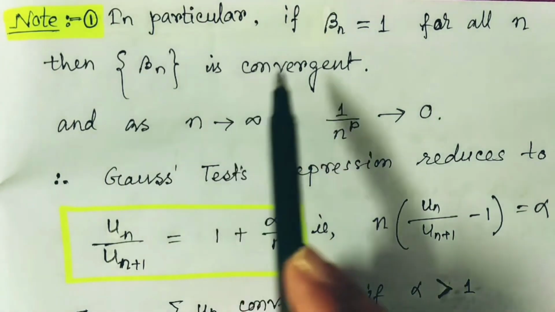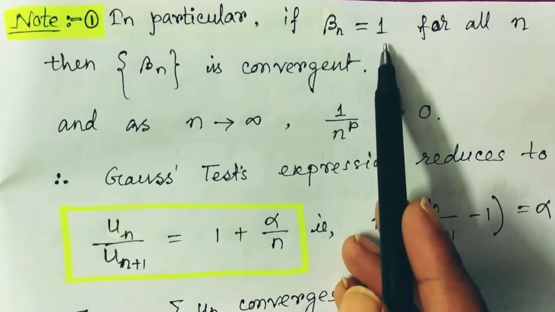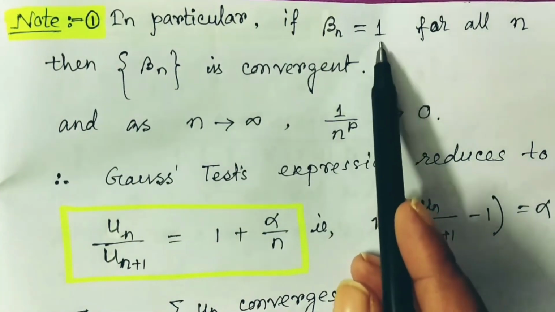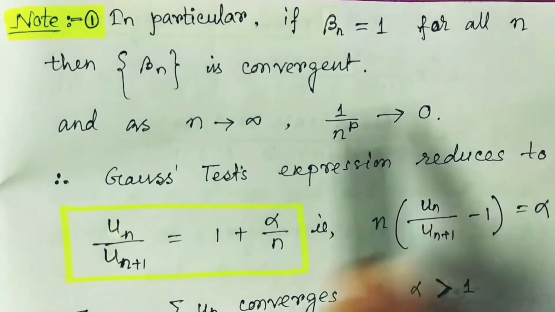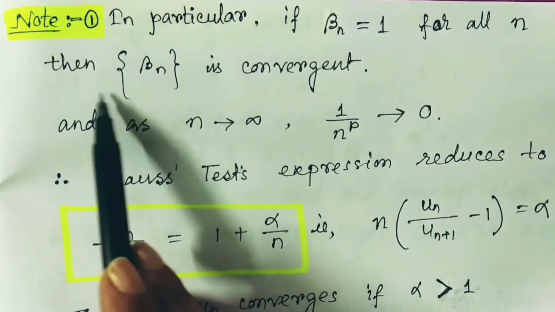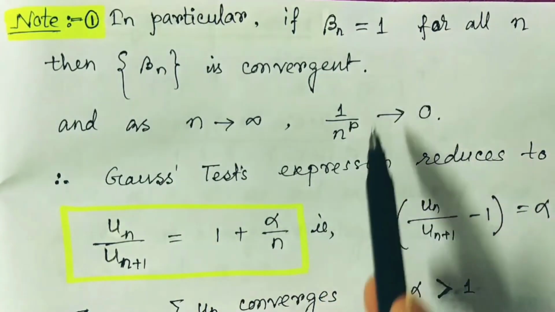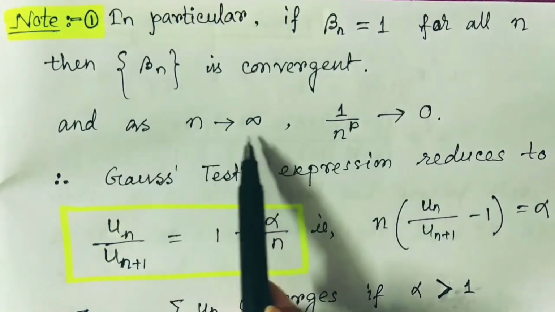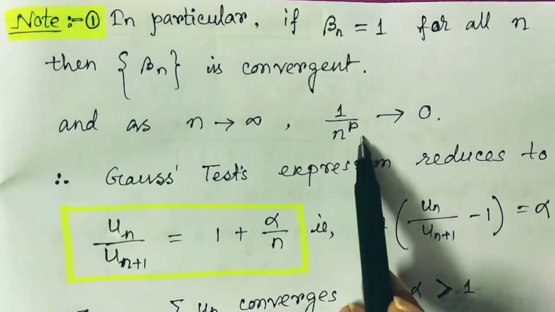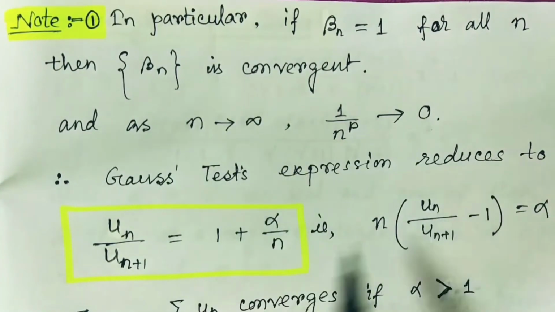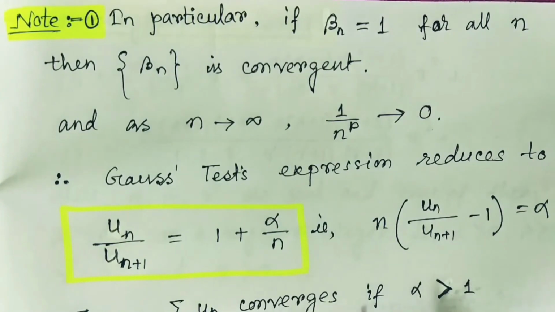If in particular we consider Bn as 1 for all n, then what happens? Then Bn is convergent, and when it is 1 it is definitely convergent as n tends to infinity, and 1 upon n to the power p tends to 0 when n tends to infinity.